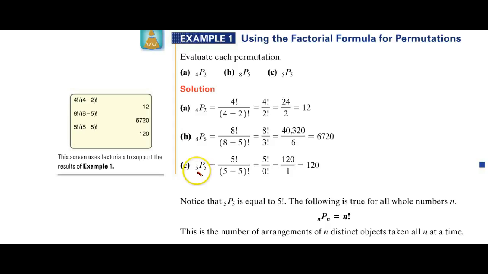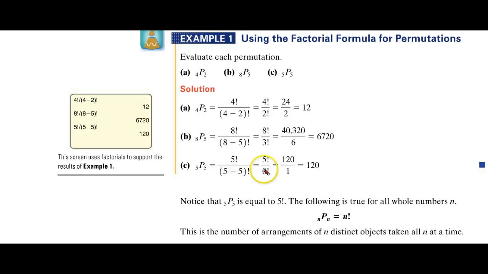So now we have 5 items, permutation, 5 at a time. So we have on the top 5 factorial. On the bottom we're going to have in parentheses 5 minus 5.